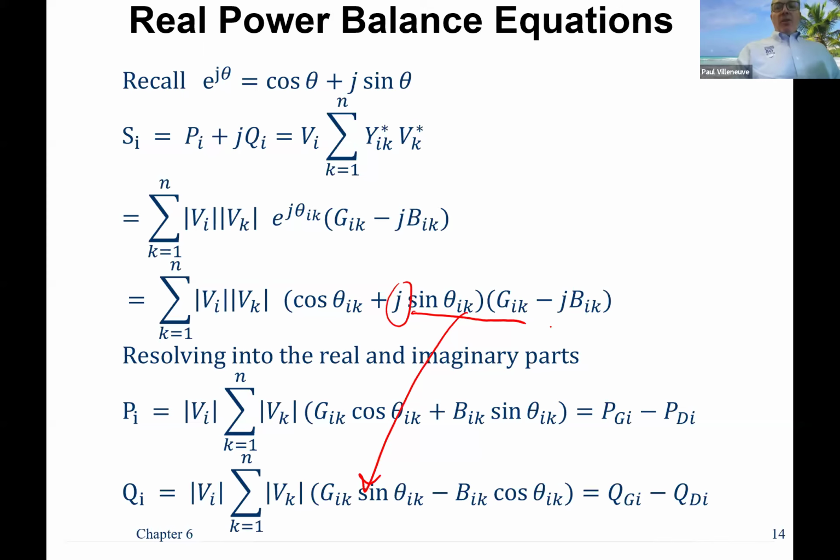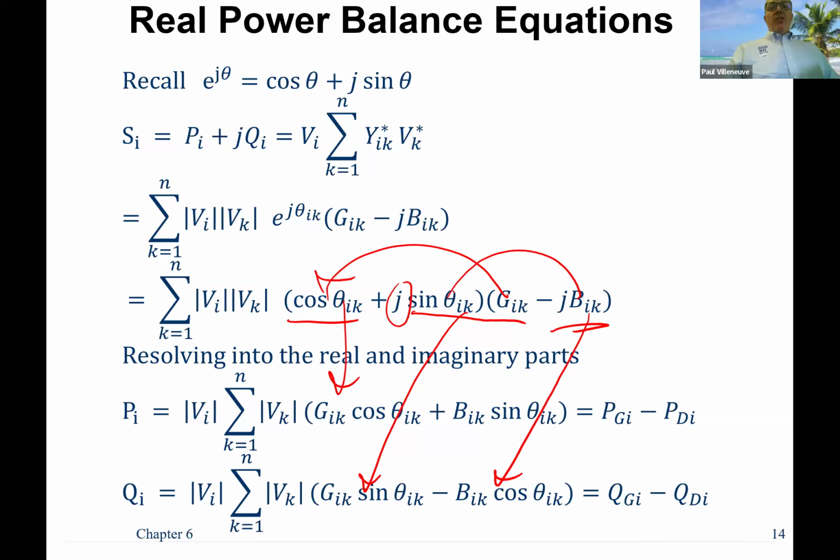Same thing over here. When I multiply these two, I end up with this term. When I multiply these two, that's purely real, so that's going to be part of the real power. That ends up over here. And when I multiply these two, remember what happens when you have j squared. j squared is the square root of -1 squared, so it's just -1. There's no more complex number there. So those two end up here.